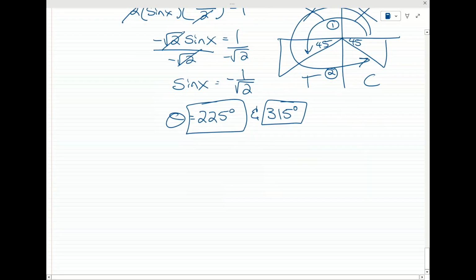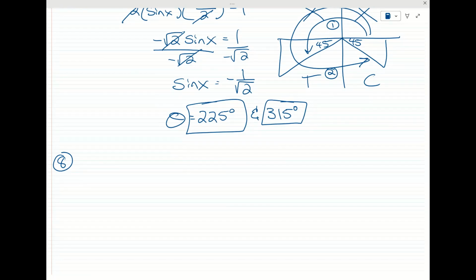There is one last problem that I wanted to go over with you. The last problem says to prove the identity that cosine of x divided by 1 plus sine of x is equal to secant of x minus tangent of x.